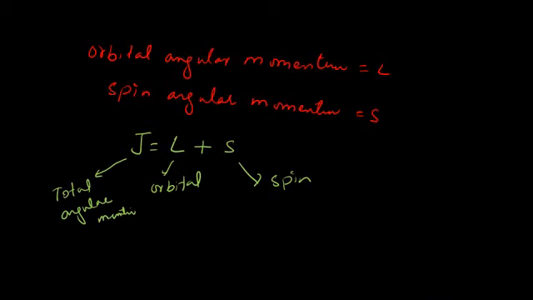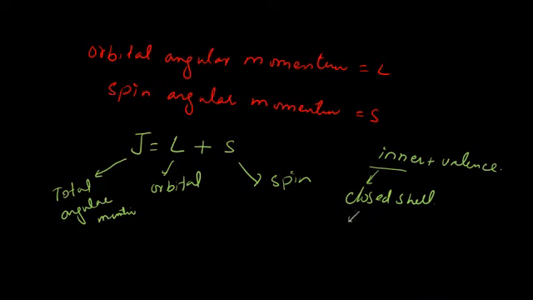As we know, in an atom we have the inner electrons plus the valence electrons. The inner electrons are also called closed shell electrons. Why are they called closed shells?